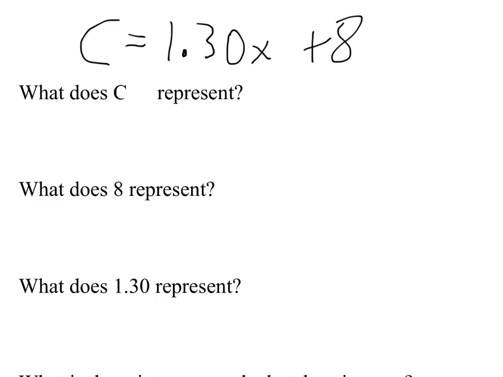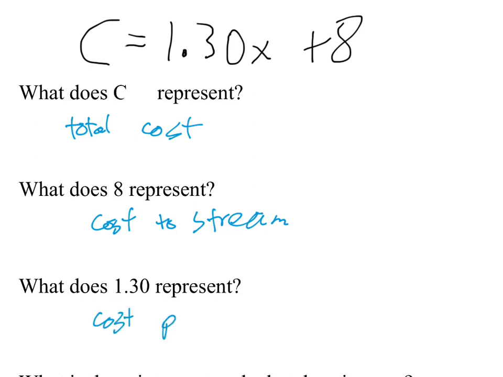The c in this case is your total cost. The 8 is the cost to stream, or the base amount for the month. And then the $1.30 is the cost per night for a rental.